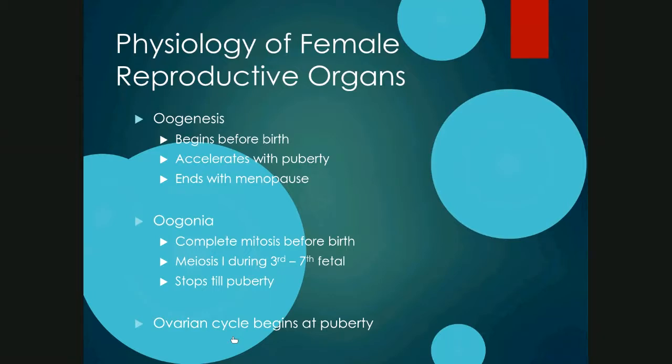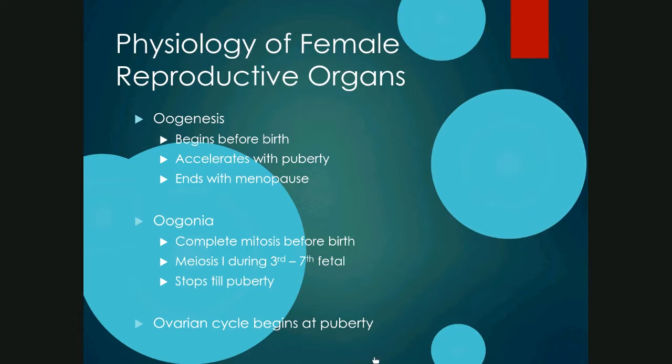This process doesn't begin until the sex hormones are introduced at puberty. Once they are, the ovarian cycle begins and continues once a month. It will release an oocyte until menopause, the end of menstruation, the end of releasing eggs. So this is completely different.